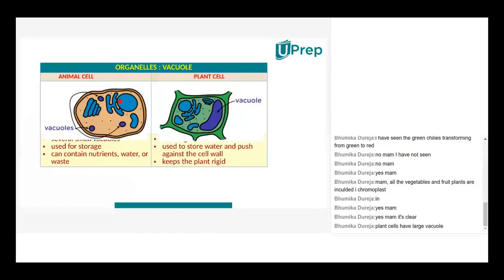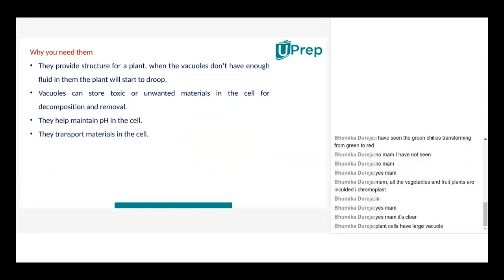Now, after having an idea about vacuole, the basic idea, why vacuoles are necessary for animal cell or plant cell is the next point, isn't it? So when you take the concept of vacuole, generally the vacuoles in most of the plant, when we take the plant, the vacuole is the one which maintains the plant cell structure.